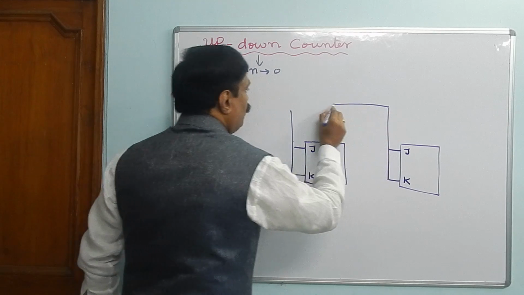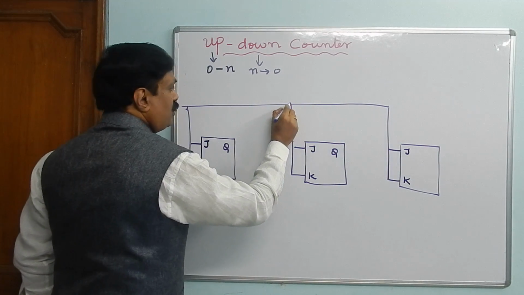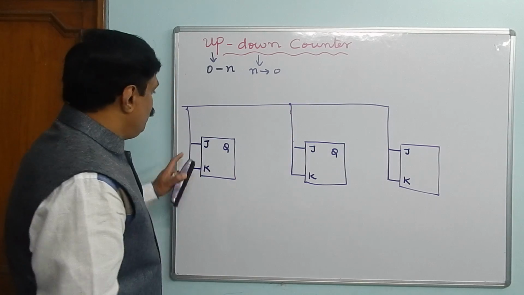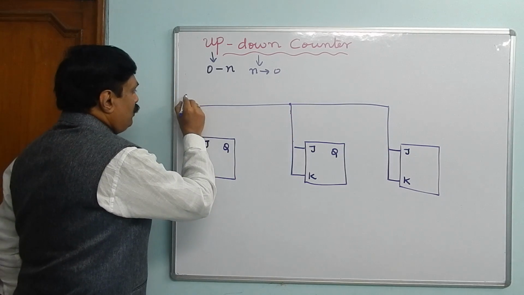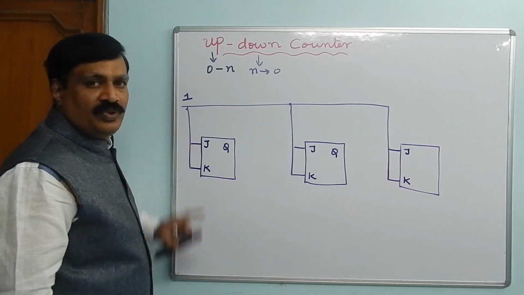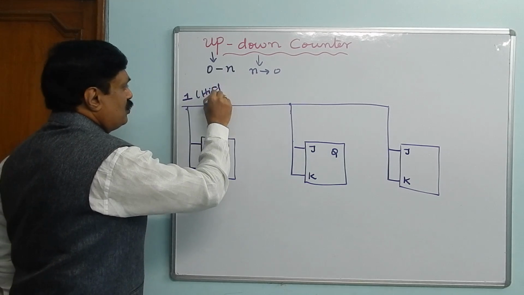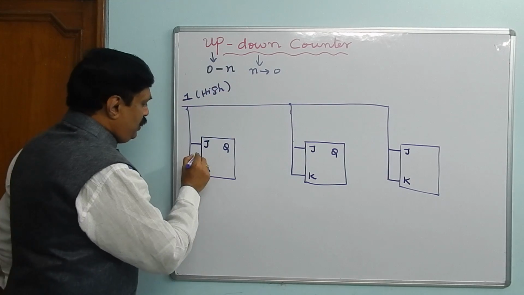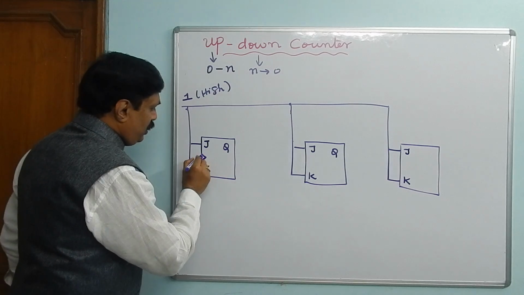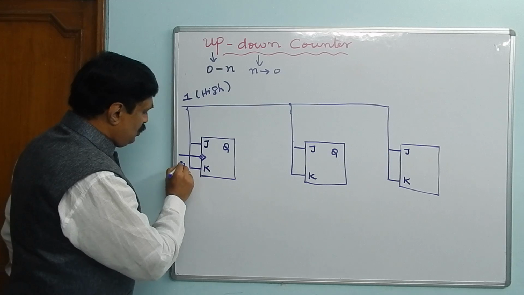That means the JK flip flop is in toggle position, connected to 1, that is, the high state, and it is negative triggering, so CP is negative.